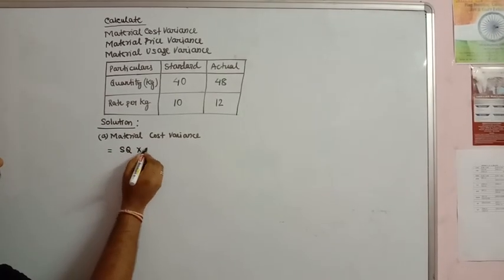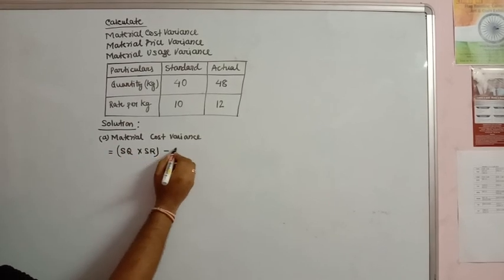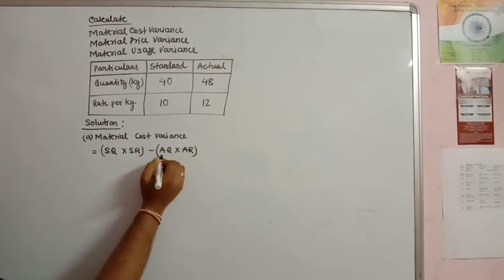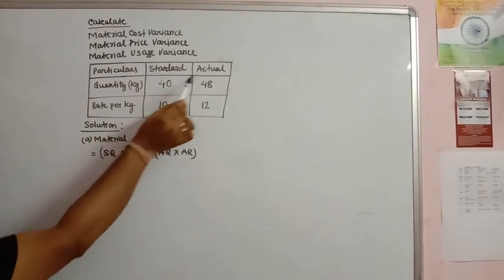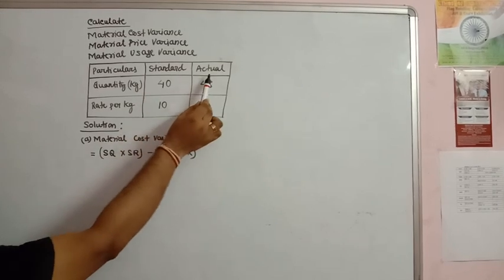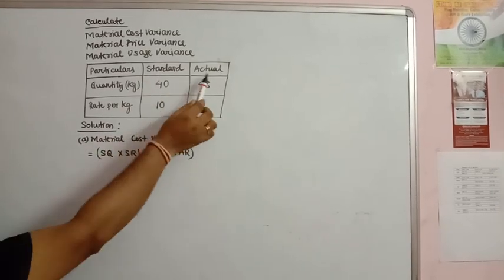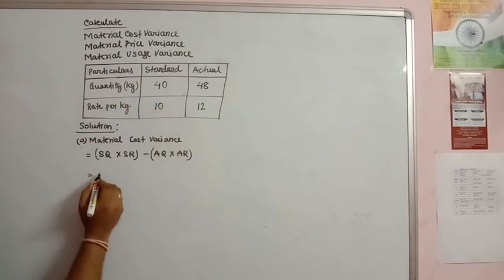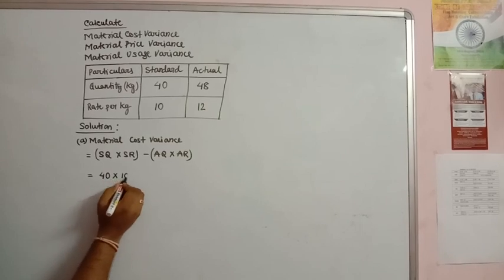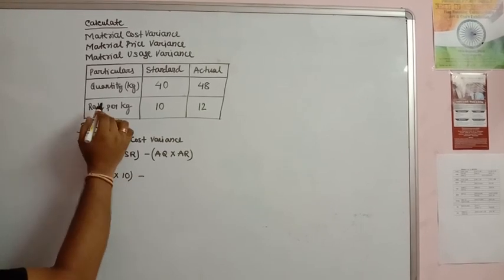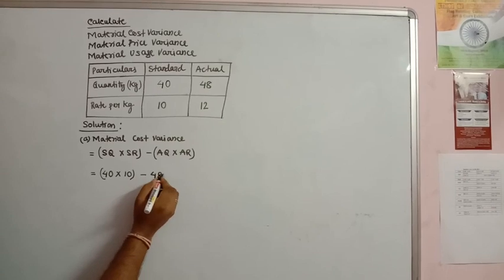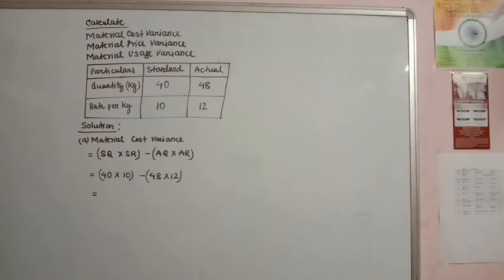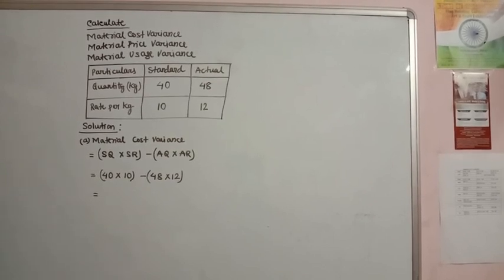Standard quantity is 40, standard rate is 10, minus actual quantity 48, actual rate 12. So we can derive the material cost variance by applying this formula.